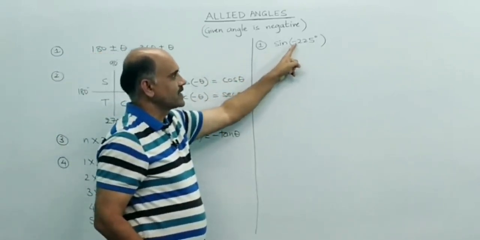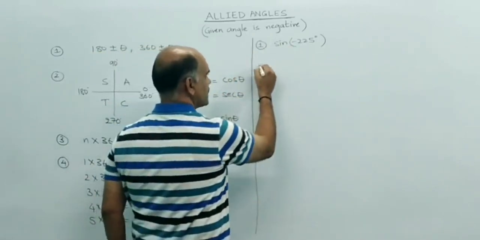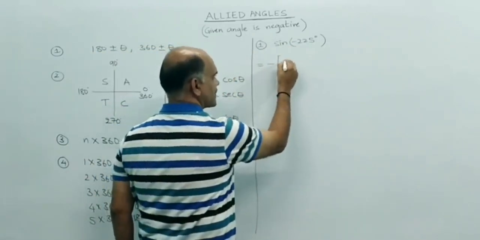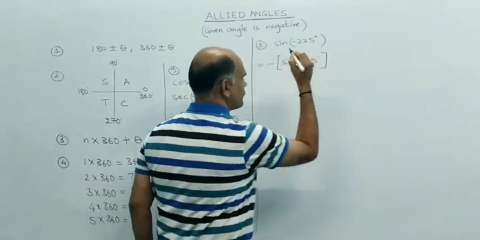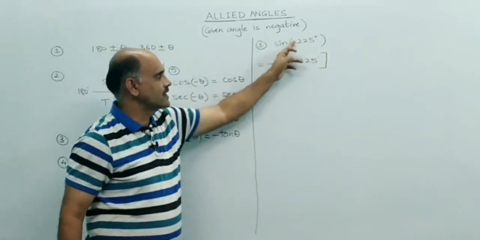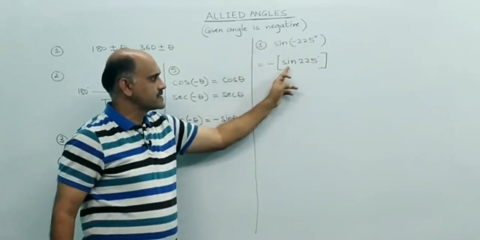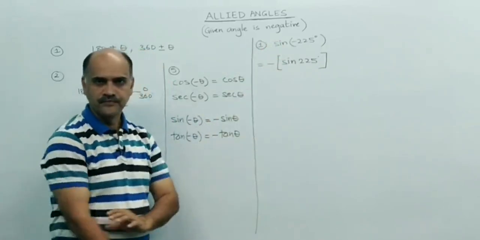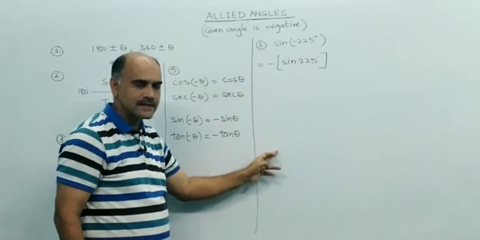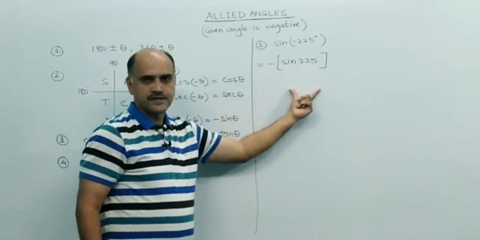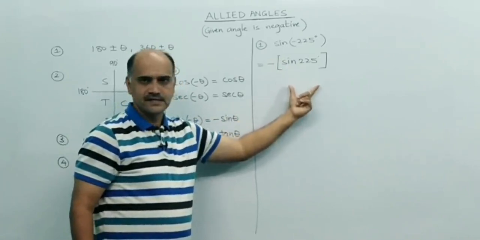So sine of minus 225, this minus will come outside, you will have minus sine 225 degree. Now you keep this minus as it is till the end. You can solve this one as I had told in previous sessions.